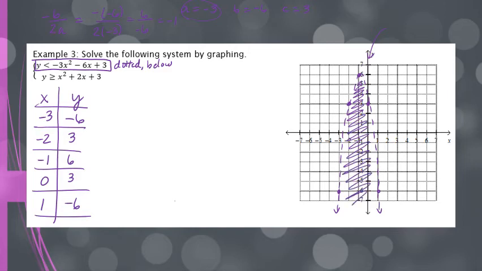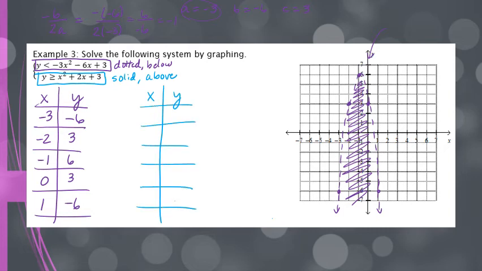All right, next one. I have another parabola, so I have to make another table. Before I do that, though, we would have a solid line because it has the bar underneath the inequality, and because it is a greater than symbol, we are going to be shading above. So here's my table.